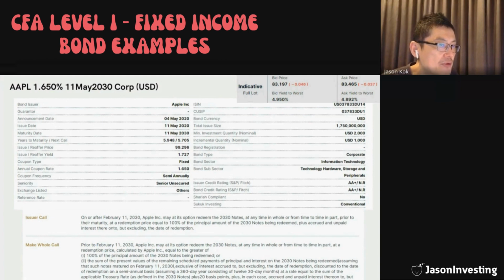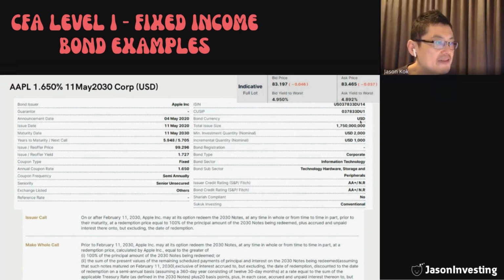There's really no need to identify the shares. But for bonds, different bonds with different terms are different. So the only way you can identify it is from the ISIN or the CUSIP, which is the reason why this is important. Because, for example, if I want to search for this particular bond, I have to search using this identifier.